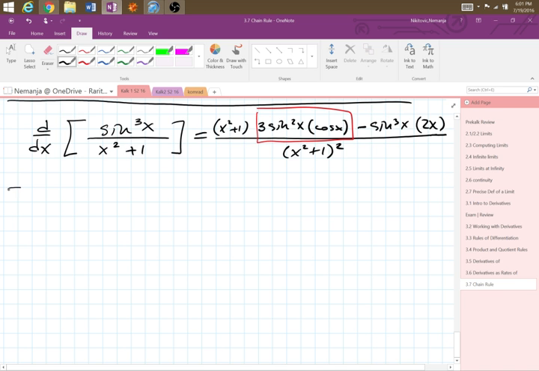Not even gonna make it prettier. Just gonna leave it there. What you could do is you can write 3 and then x squared plus 1 and then sine squared x cosine x and then minus 2x sine cubed x. But it's just rearranging terms. We are not actually factoring anything.